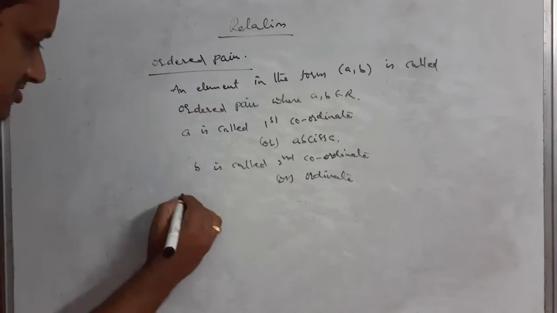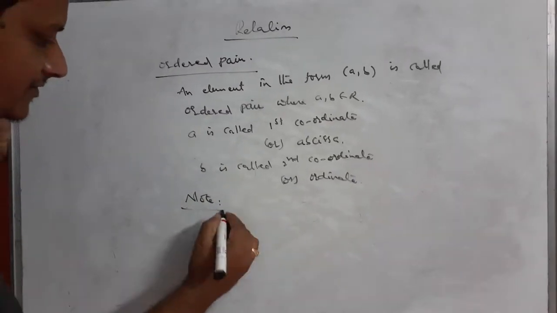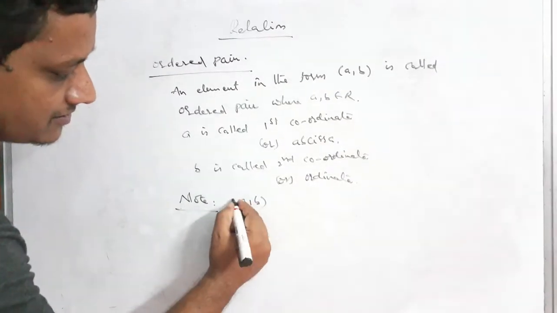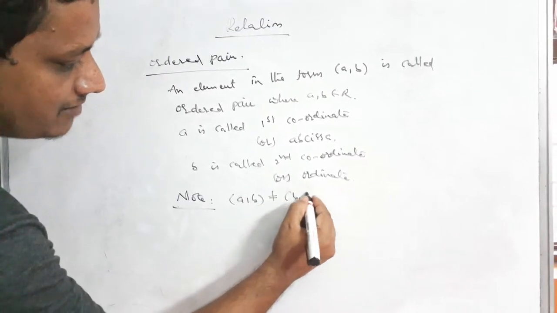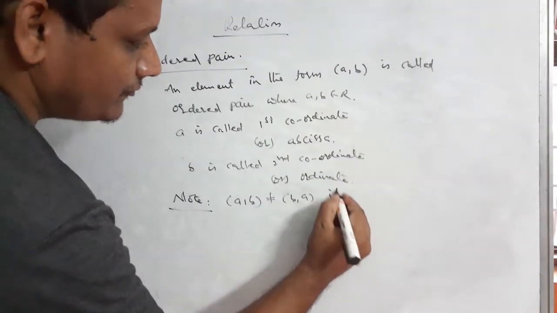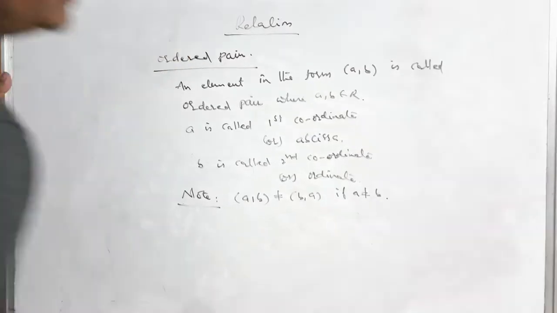And what are the conditions here? Note (a, b) is not equal to (b, a) if a is not equal to b.